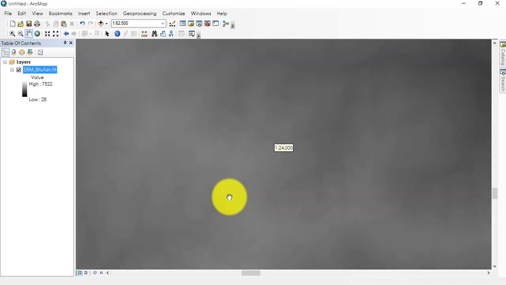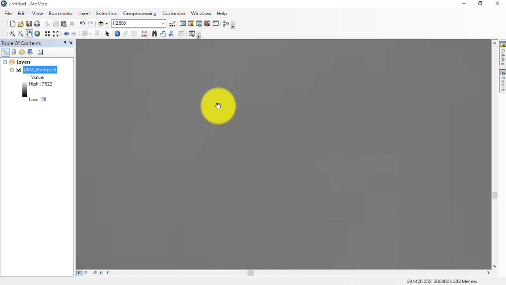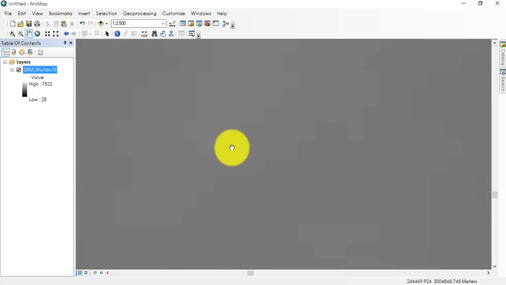If we maximize slightly, if you can notice, there are square blocks here. Basically, these are made up of square cells, and each cell, like I said in the beginning of my lectures, will depict only one value.